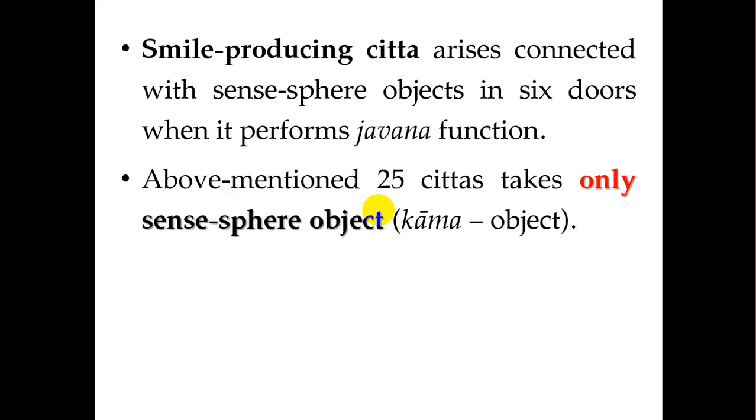Sense sphere objects means, in terms of cheta and chetasika, the 54 chetas, the 52 chetasikas that associate with those sense sphere chetas, and also the 28 rupas.